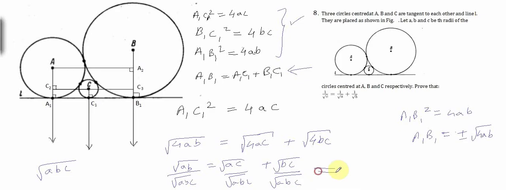And this then becomes 1 by under root C is equal to 1 by under root B plus 1 by under root A, which is what is asked. Hence proved.